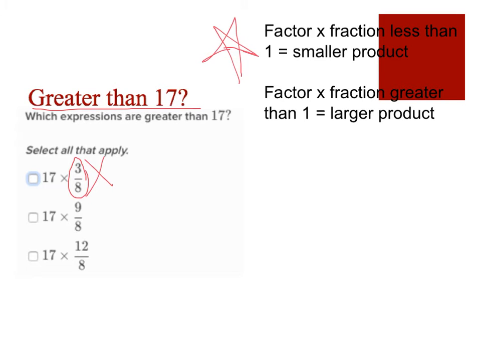The other two, a fraction greater than 1, will give me a larger product. 9/8 is greater than 1, and 12/8 is also greater than 1. So these two expressions are going to give me a product greater than 17. The two expressions I would choose are 17 times 9/8 and 17 times 12/8.